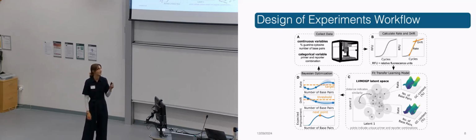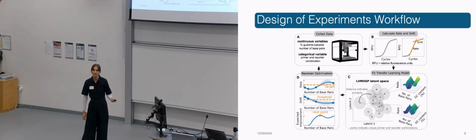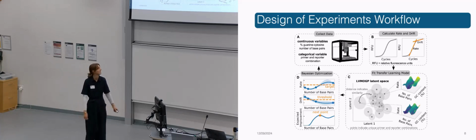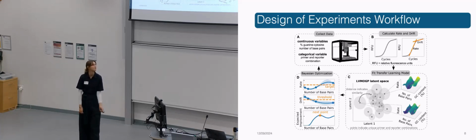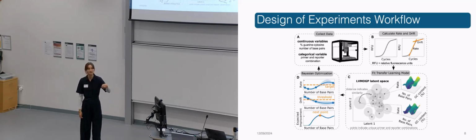That's not too important, but then we use a model to decide what our rate and drift should be. Well, what our rate should be, and we obviously want to minimize our drift. We fit a transfer learning model, which I'll go into more depth in a minute, and then we do Bayesian optimization to decide which point to experiment on next.